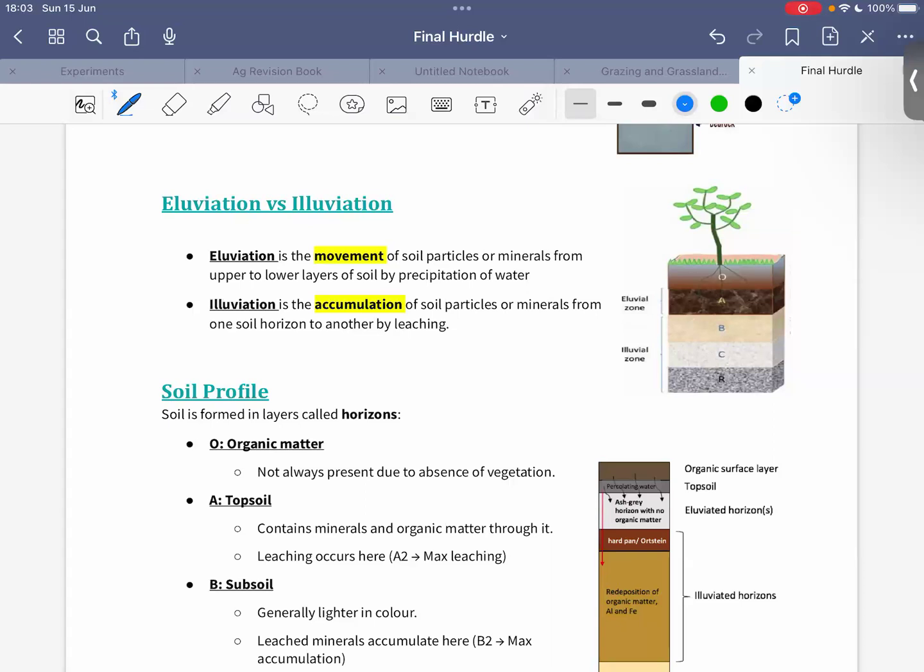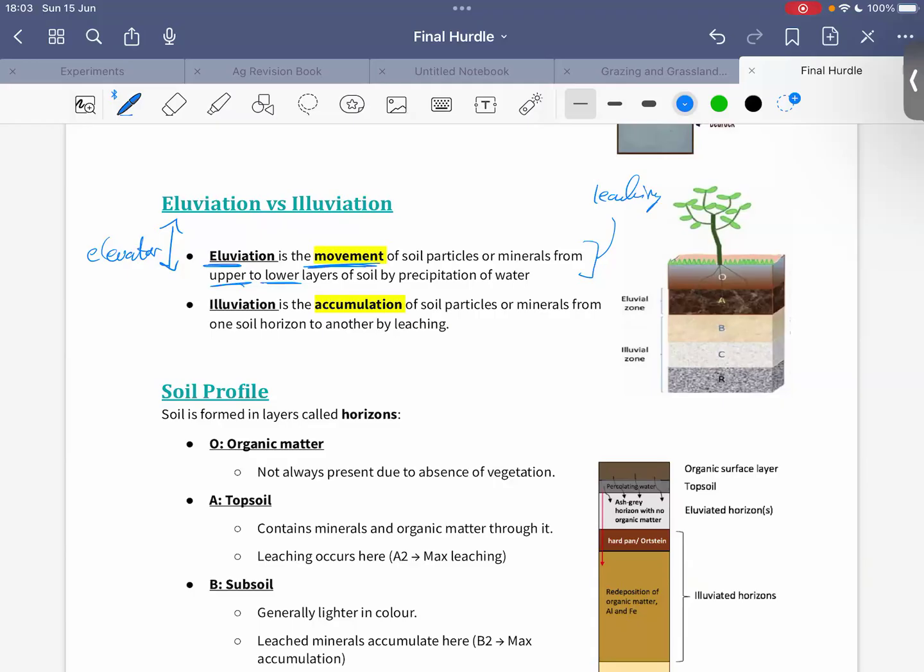I always think of an elevator. What does an elevator do? It moves up and it moves down. So eluviation is the movement of soil particles or minerals from the upper to the lower layers of soil by precipitation or water. This is basically your leaching, the washing down of your minerals from the upper horizon to the B2 horizon.